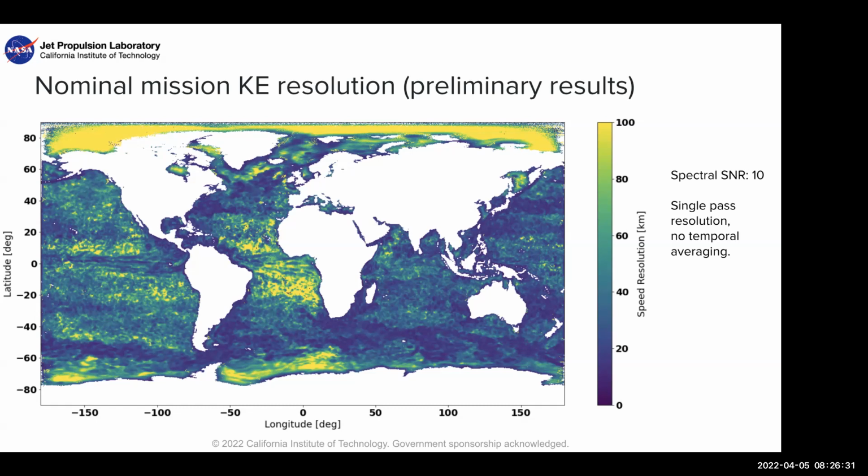So you can see that you have very good resolution in the energetic regions in the western boundary currents, in the Southern Ocean, and along the equator, but in areas with a lot less dynamics, your resolution is not as good. You may have to deal with on the order of 80 to 100 kilometers. This is for an instantaneous plot of resolution, so you will do much better if you average temporally over a repeat cycle or so.